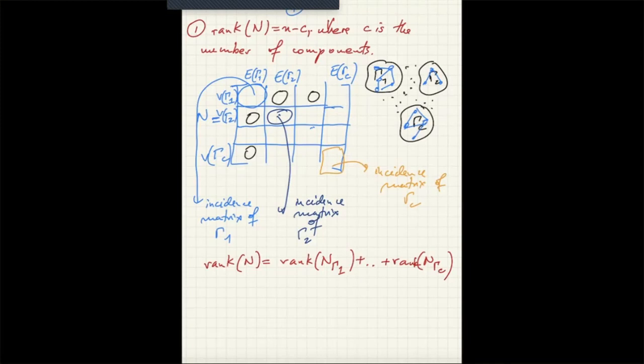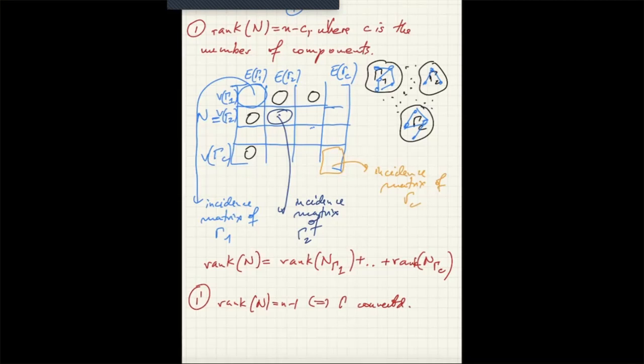So in 1 prime, we had the result that the rank of N is n minus 1 if and only if gamma is connected. Actually this result 1 prime is equivalent to the general result that the rank of N is n minus the number of components.